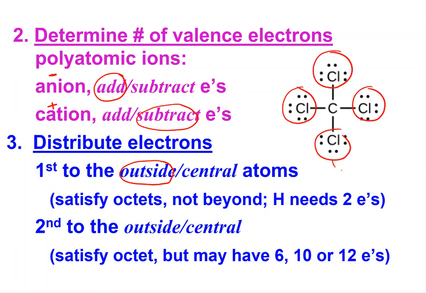Sometimes we call those the surrounding, and we call the one in the middle the central. So we're going to always put the electrons on these outside ones first, and then if we have more, we'll put them on the center. So central.